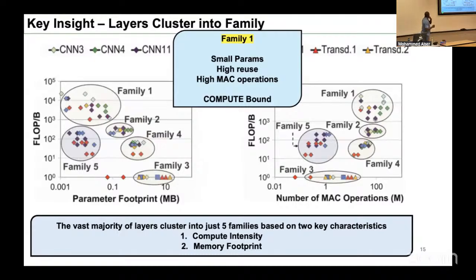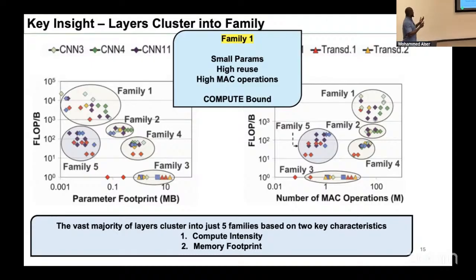For the first family, you have a very small parameter footprint and very high parameter reuse. The intuition is that they are convolution layers. With the second plot, parameter reuse against the number of MAC operations, you see that they have very high MAC operations.